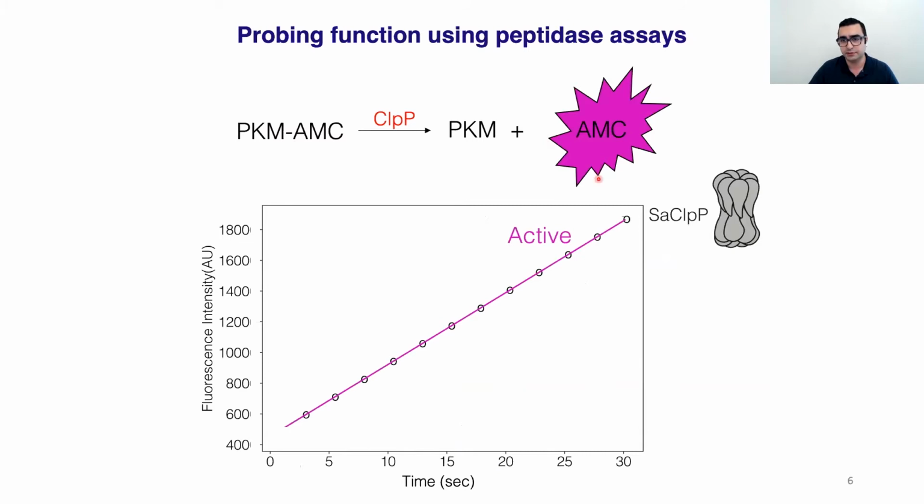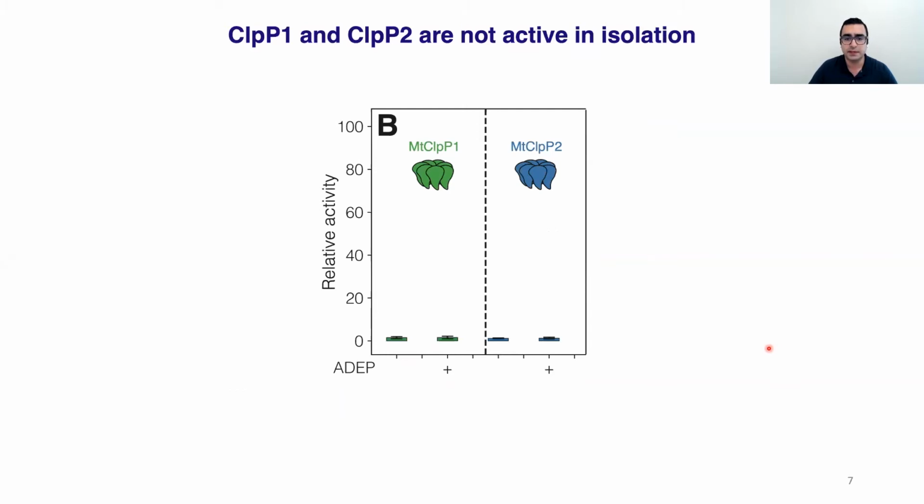This AMC group is released, its quantum yield goes up, and you get an increase in fluorescence that you can easily read off with a plate reader. Now, what's interesting is that in the case of ClpP1 and ClpP2 in tuberculosis, you basically get no activity whatsoever when in isolation. So ClpP1, ClpP2 on their own in isolation are dead. And ADEP, this regulator that I mentioned, also doesn't activate them when in isolation.